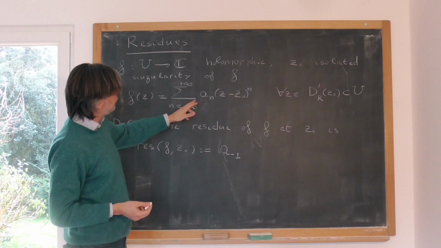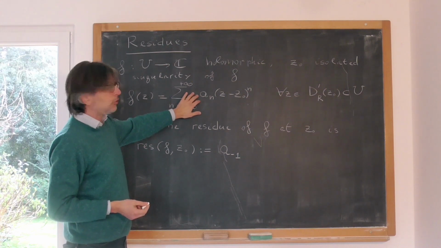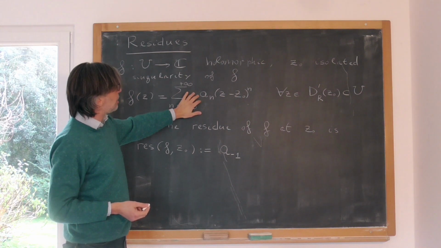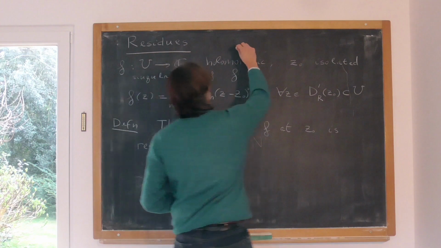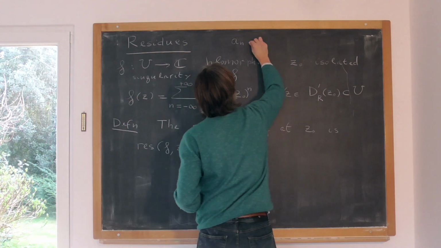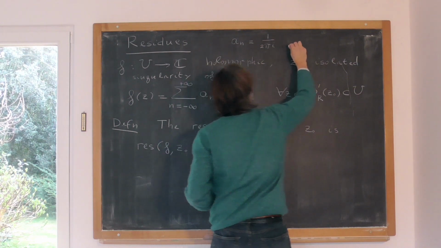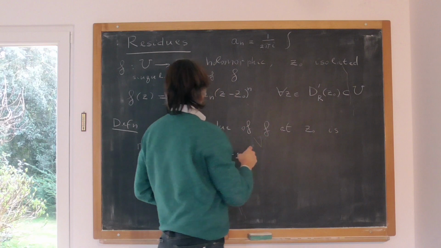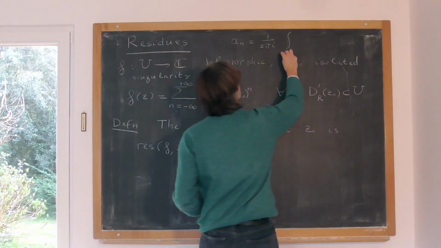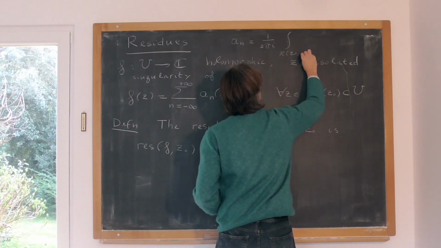Well, first of all, if we use the formula for the coefficients of the Laurent series, let me recall what the formula is, let me write it here above. In general, a_n is 1 over 2 pi times the integral over a circle around z0, C(z0, r).